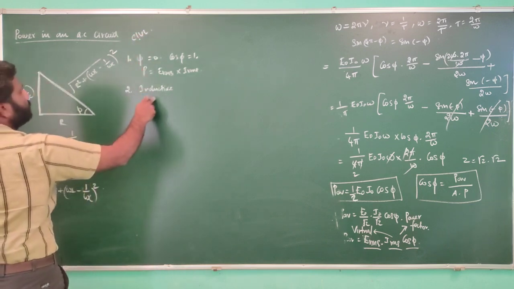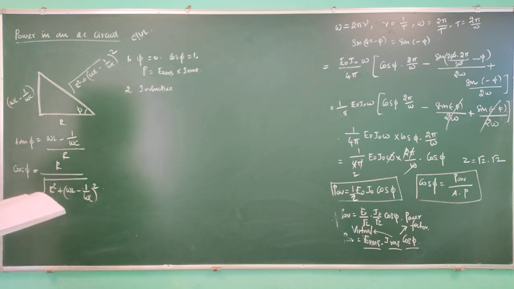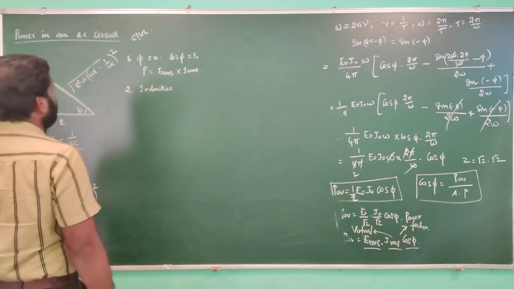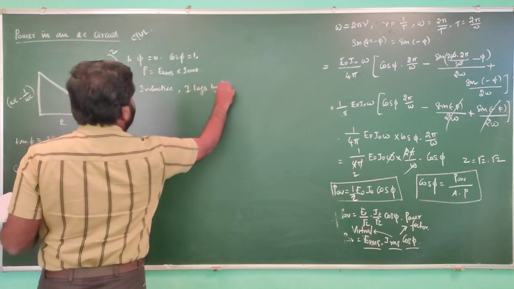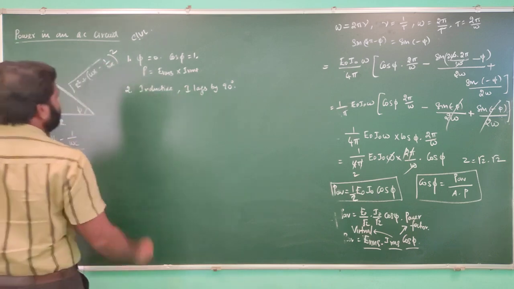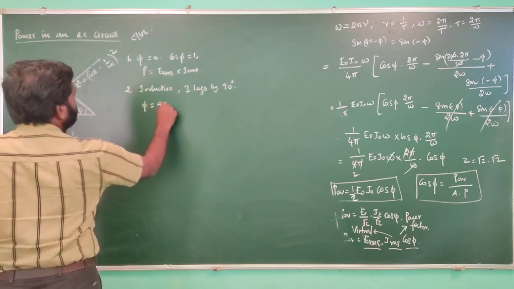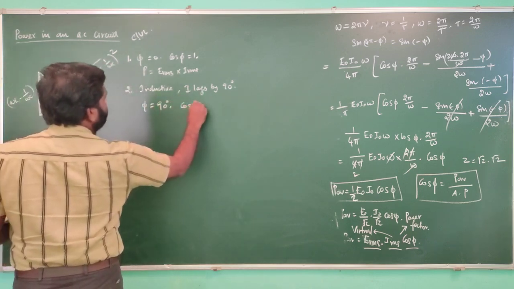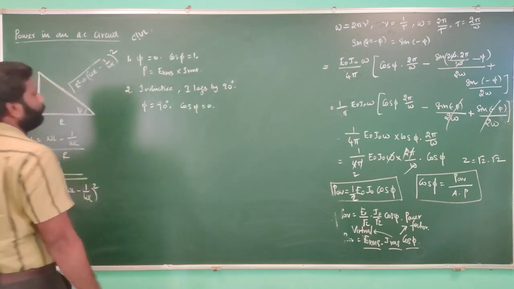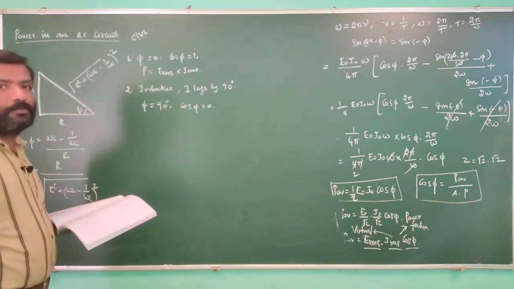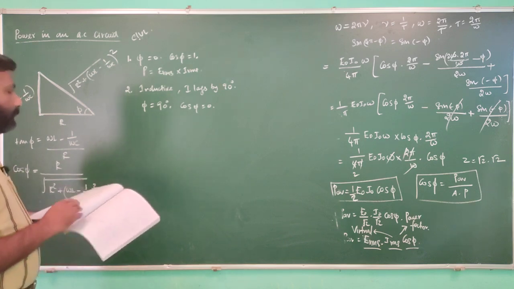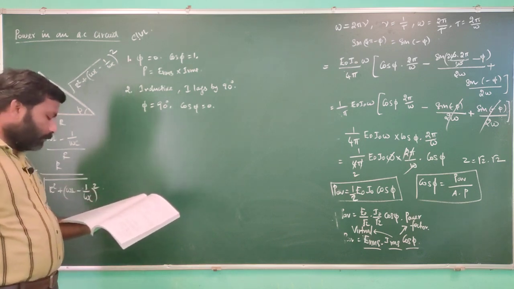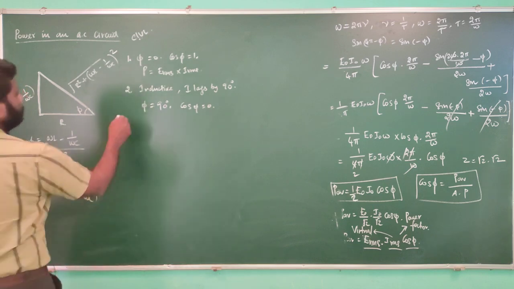In a purely inductive circuit, voltage leads the current by 90 degrees, so the current lags by 90 degrees. So phi becomes 90 degrees, cos phi becomes 0. If cos phi is equal to 0, then the product will be 0. So the true power is 0.